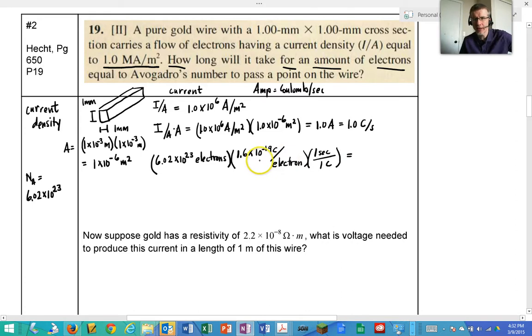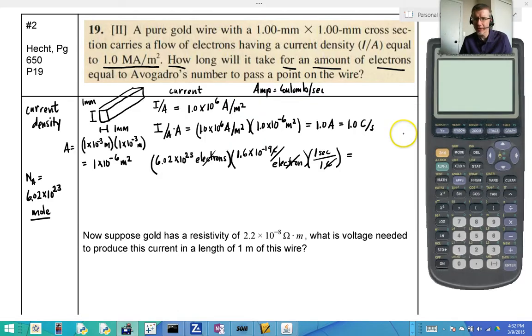What I think I'm going to have left when I multiply this out is electrons are going to cancel, coulombs are going to cancel, and I'll be left with just seconds. So some probably large number of seconds, which tells me that it will take a large amount of time in seconds for a mole. This is a mole. Remember, a mole is like a dozen, right? In chemistry, it's just a large number of things.